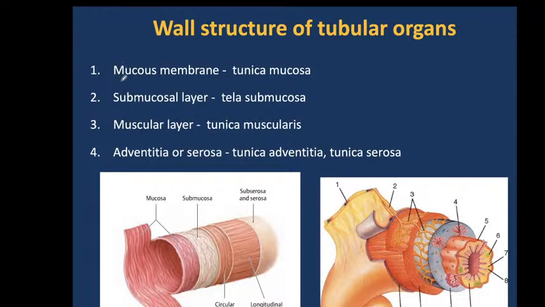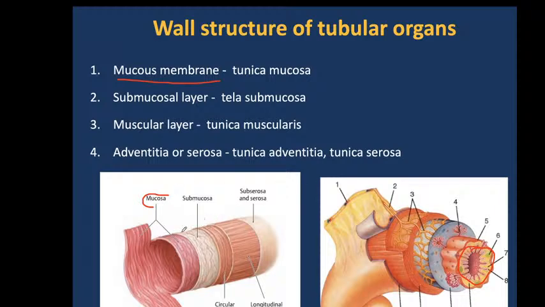First, inside of each hollow organ we could find the mucous membrane, or mucosa. We call it tunica mucosa in Latin. Here is the mucosa, you see, here is mucosa, or here is mucosa. It is an inner layer.